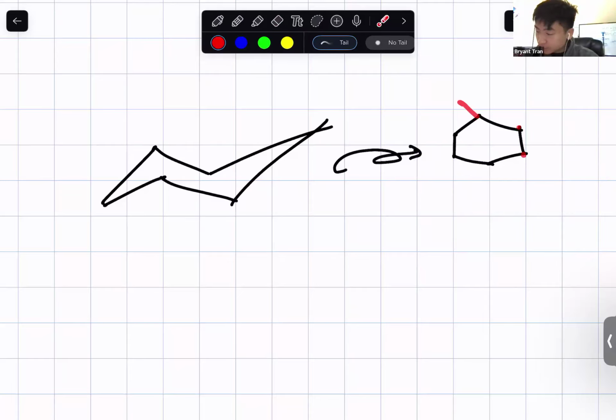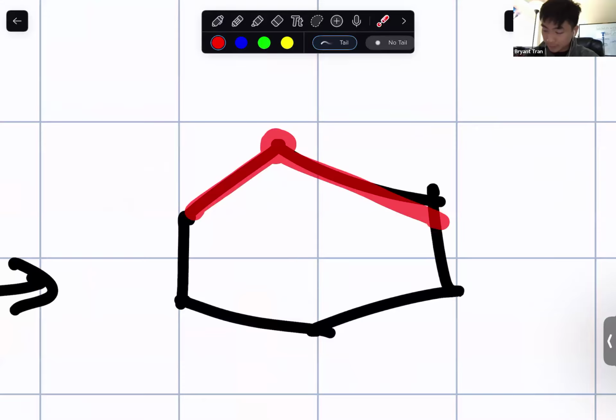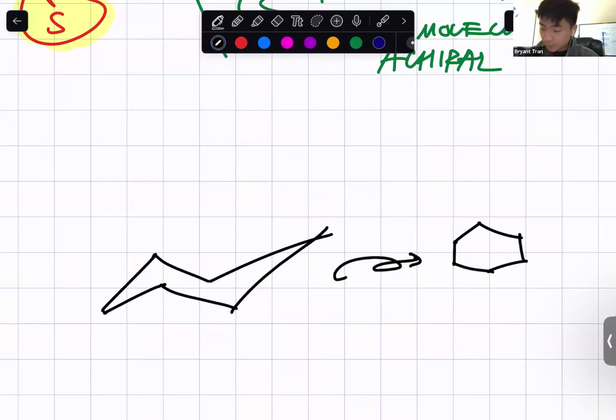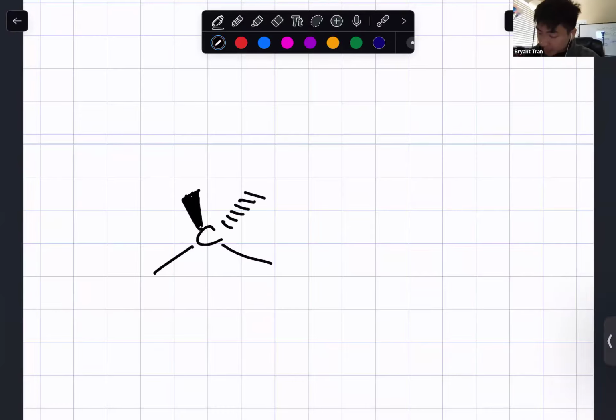And that means that the two groups that they're attached to have to be one wedge and one dash, right? Because if you look at this carbon here specifically, that carbon already has two flat bonds, one here and one here, right? Because each carbon can only have two flat bonds, one wedge, and one dash.